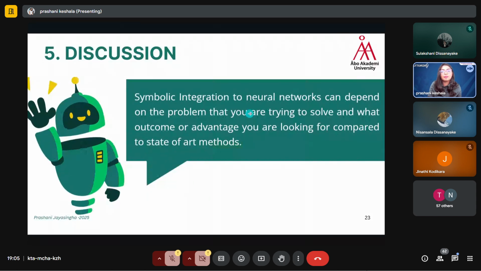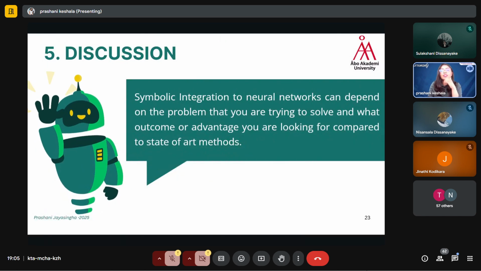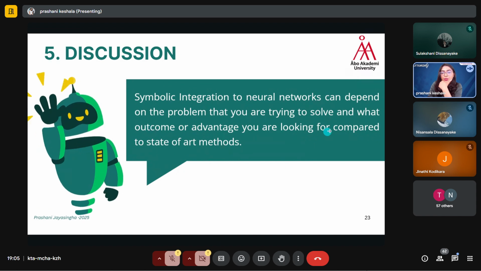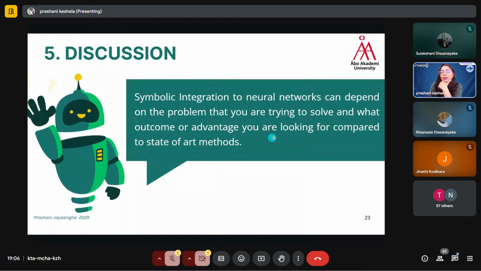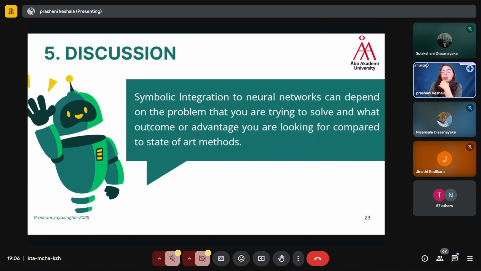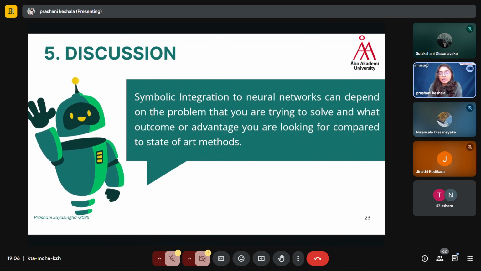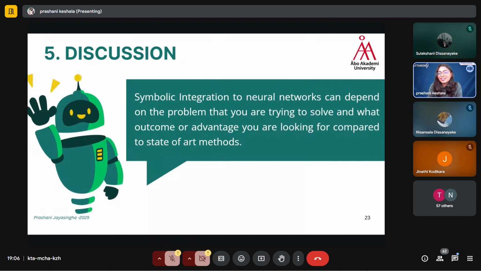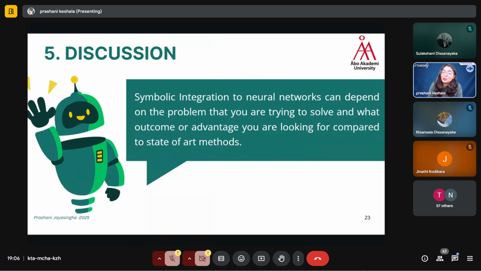Symbolic integration with neural networks can depend on the problem you're trying to solve and what outcome or advantage you are looking for compared to state-of-the-art methods. I'm not saying that neural networks don't work.